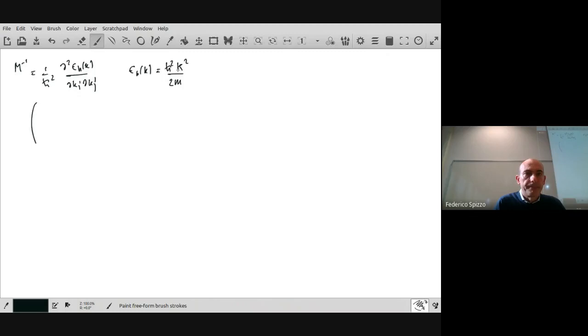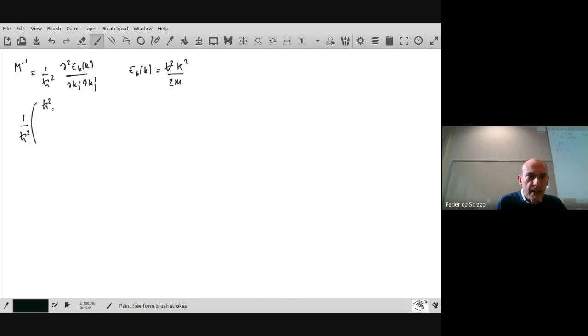At this point, this matrix has elements just on the diagonal because you have no cross terms. So h bar squared disappears. I write that we have 1 divided by h bar squared out of the matrix.